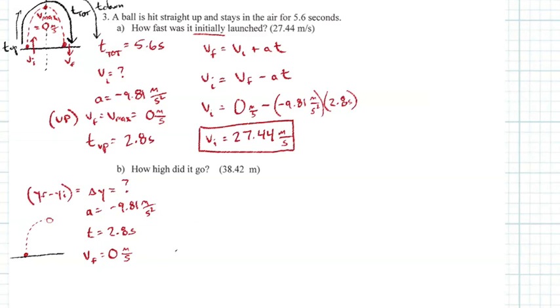And we think we know the V initial, that is VI equals 27.44 meters per second. But I'm going to just box that off right here, because since that's an answer that we calculated from a previous part, I'd like to do my best not to use that. We'll use that only if we have to.